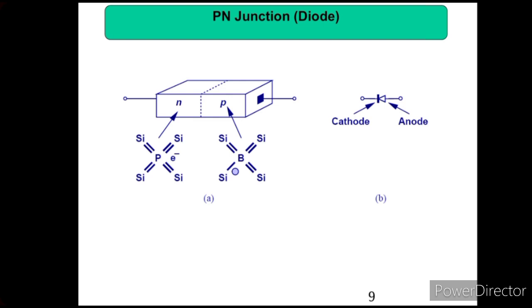It means 5 electrons are available in the outermost shell. This element is added to the silicon. The silicon has 4 valence electrons that form the covalent bond, and 1 remaining electron is free. So electrons are the majority carriers and holes are the minority carriers in the n-type semiconductor material.